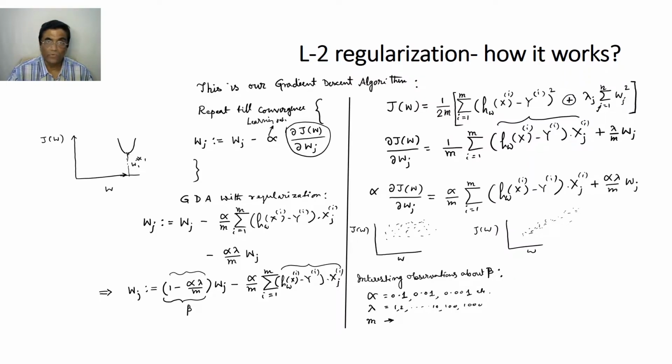So you got W1 like this by running the gradient descent algorithm. Now say you have another feature, W2. So W2 also you will get by running the gradient descent algorithm, attached with another feature x2.